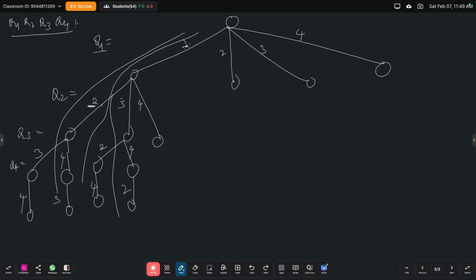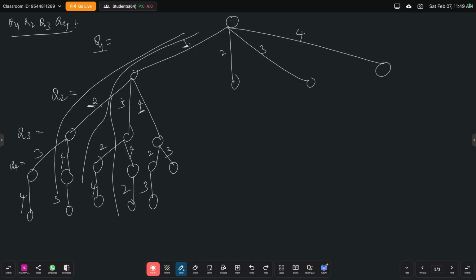Completed this way. Now, if queen 1 is at the first column and queen 2 at the fourth column, what are the possible ways for queen 3? 1 and 4 completed, remaining are 2 and 3. If queen 1 is at first column, queen 2 at fourth column, and queen 3 at second column, what is the possible way for queen 4?